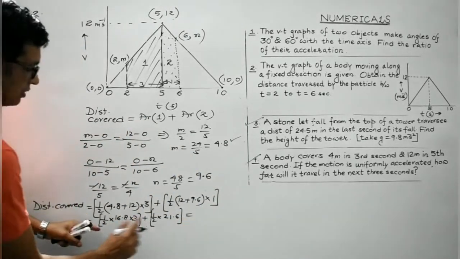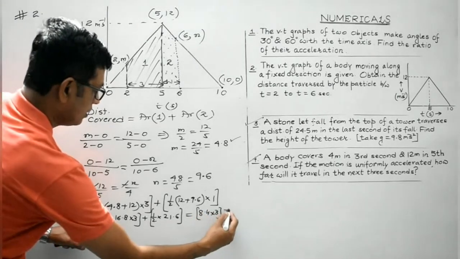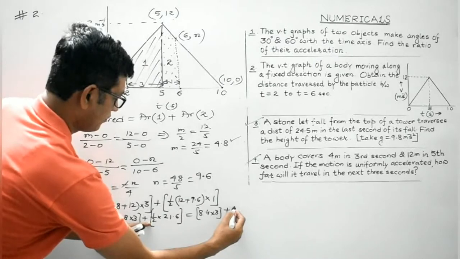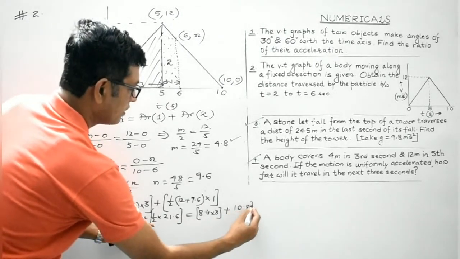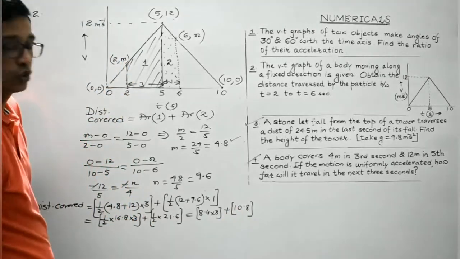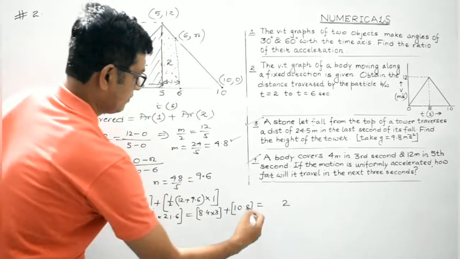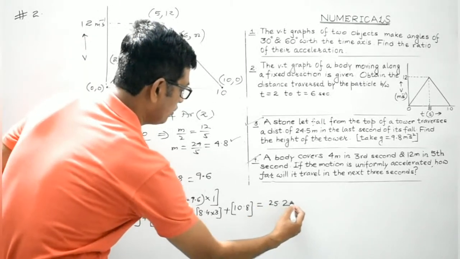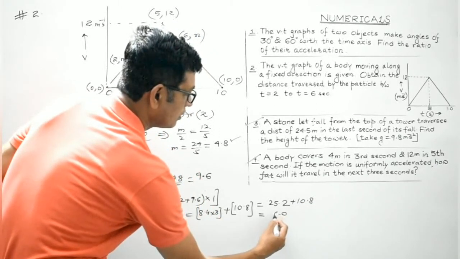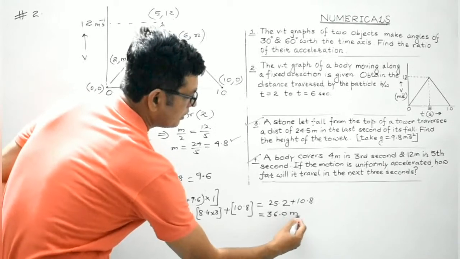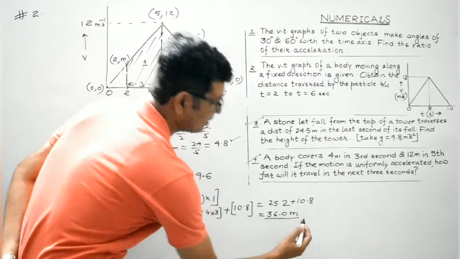So that will give us 8.4 multiplied by 3 plus 10.8, isn't it? So on solving, what we get is 25.2 plus 10.8. That will give us 36 meters. So students, this is the answer.